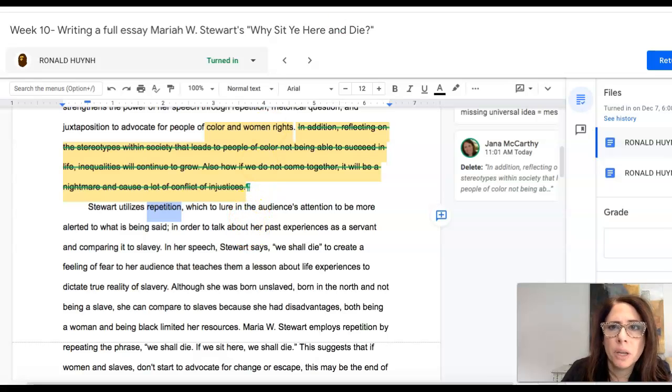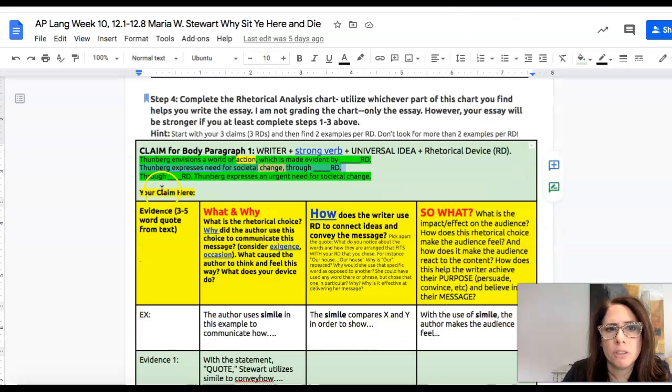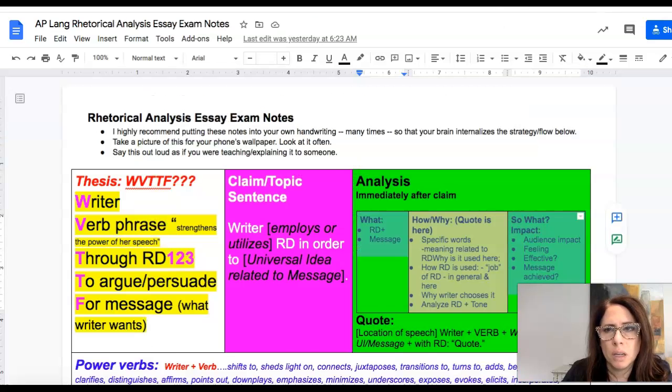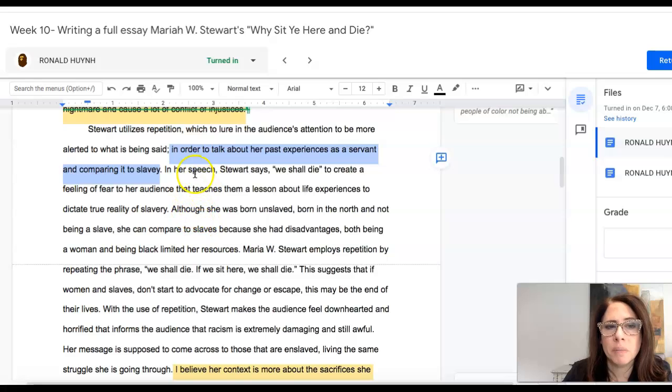So go back to the assignment sheet for this week and take a look at what claims look like in the green, and rewrite the claim, because it needs to say more than just what repetition does. Talking about her past experiences is, again, not a universal idea. So what is she trying to do? That should be the purpose and message of her speech, and that should be reflected in the claim.